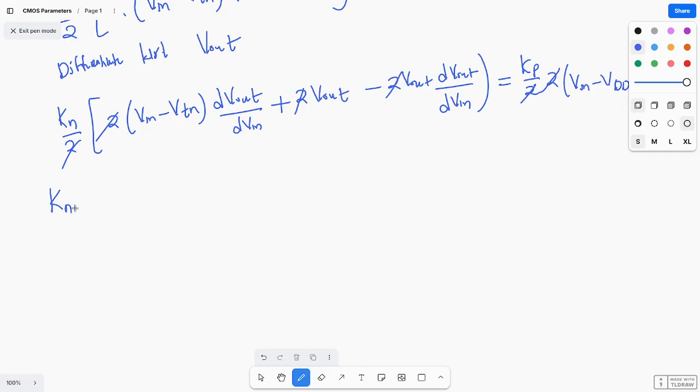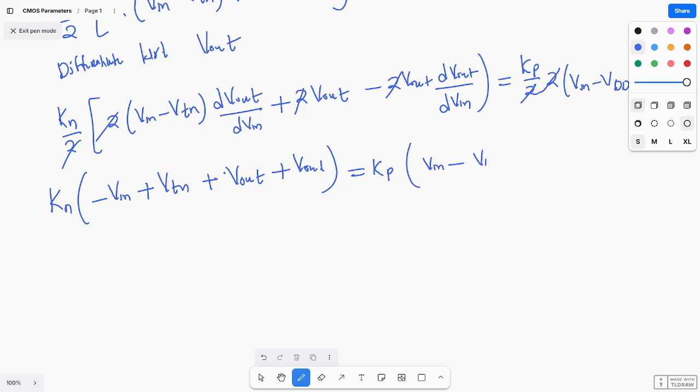So what you will get: Kn into (minus V in plus VTN plus V out plus V out plus V out), that is equal to Kp into (V in minus VDD minus VTP).